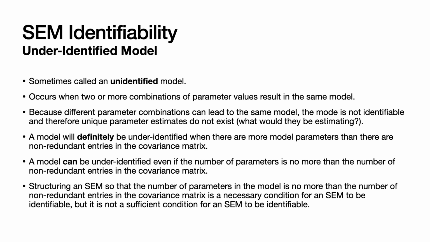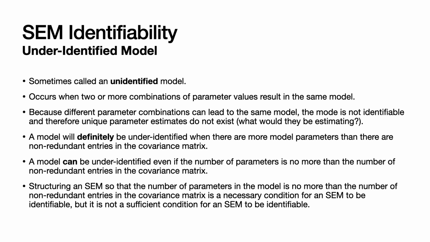Now, a model will most certainly be under-identified when there are more model parameters than there are non-redundant entries in the covariance matrix. A model can be under-identified even if the number of parameters is no more than the number of non-redundant entries in the covariance matrix.